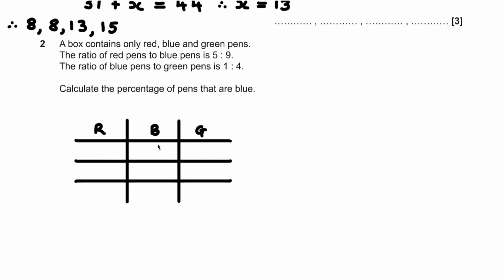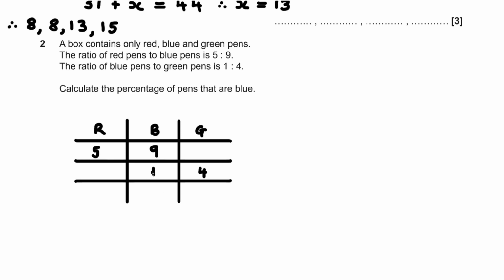The ratio of red to blue is 5 to 9. Blue to green, that's 1 to 4. So to find out the ratio red, blue to green, we see that the blue is common to both and we want the blues to be the same. Here I've got 9, here I've got 1.